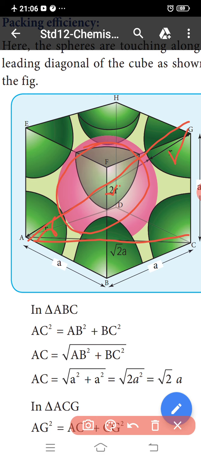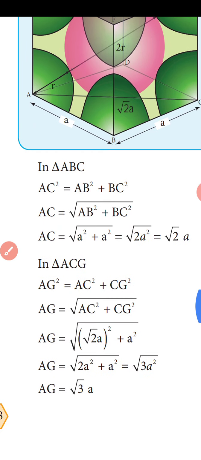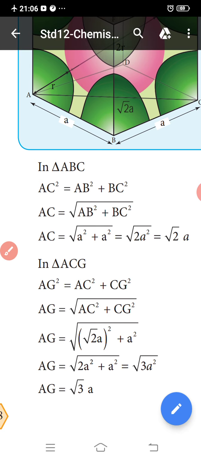The AG value is equal to 4R. Okay, they follow the Pythagoras theorem.